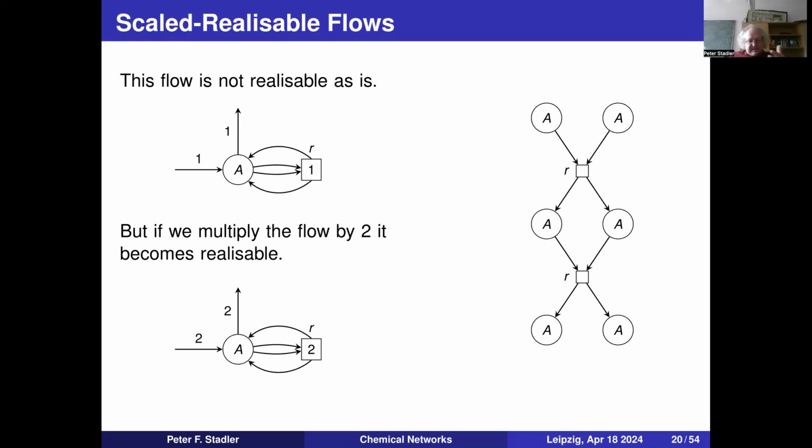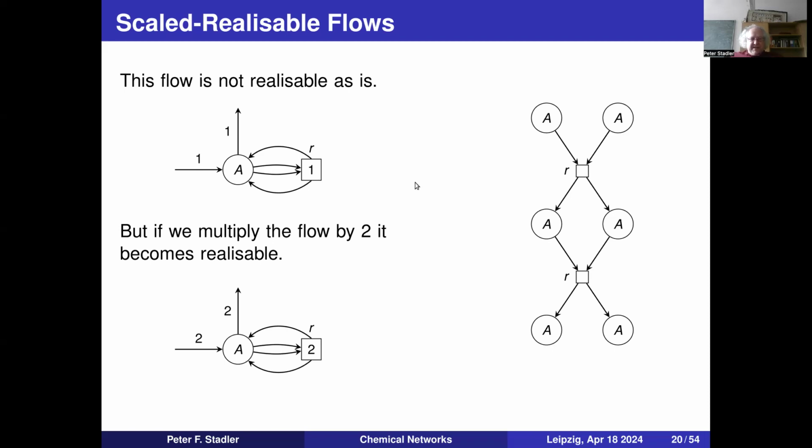So there are interesting and not necessarily completely intuitive cases where you have flows that are not realizable, so you cannot go through this reaction if you have only 1 input node. But if you just multiply the whole thing by 2, then it becomes realizable.